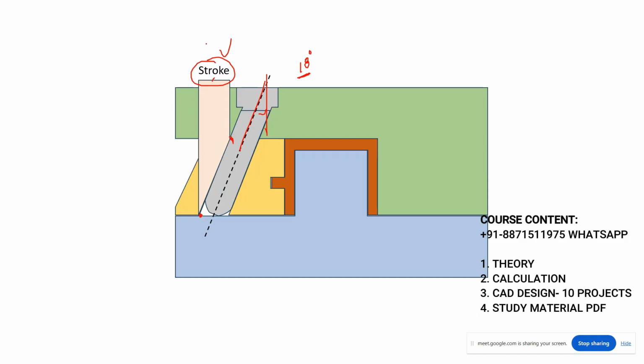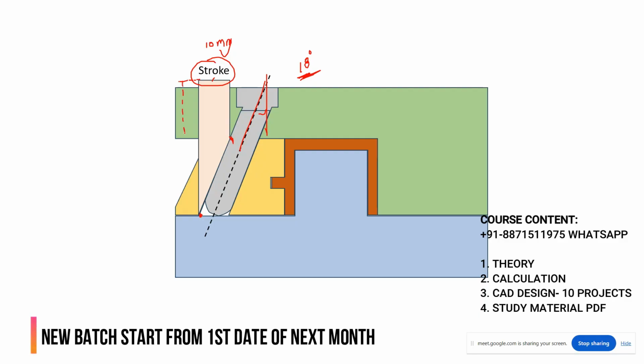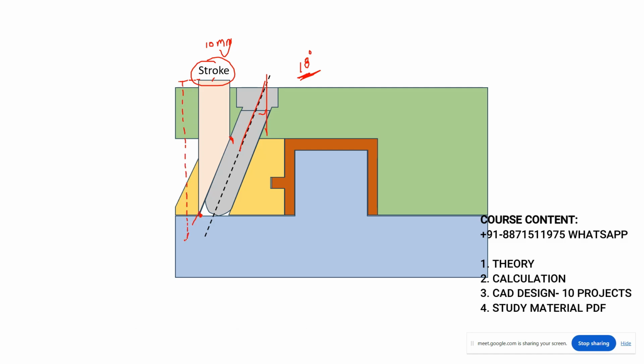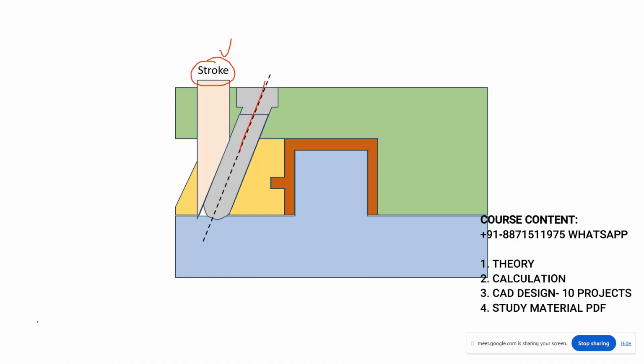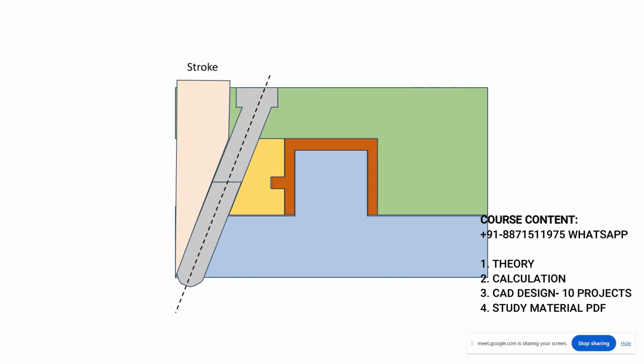For example, this stroke is 10 mm, and with this same degree, we need 15 mm stroke. Yes, we can do this. How? We cannot reduce this 18 degree angle, but we can increase this length.